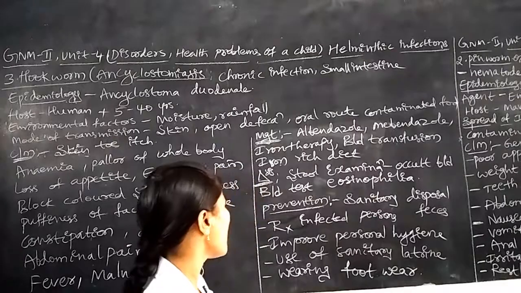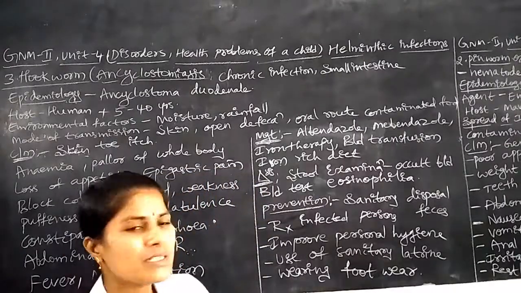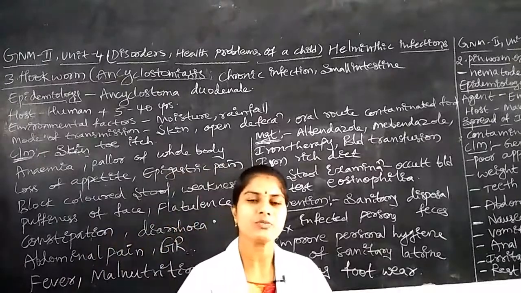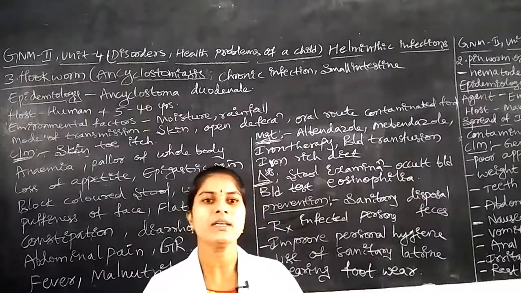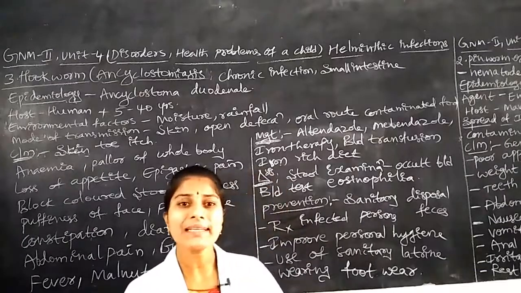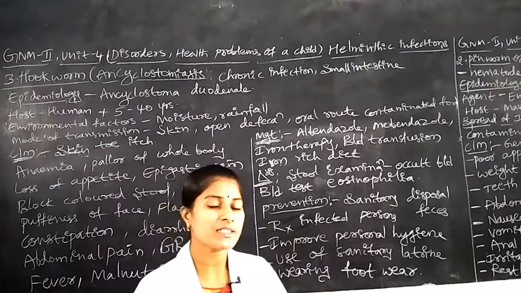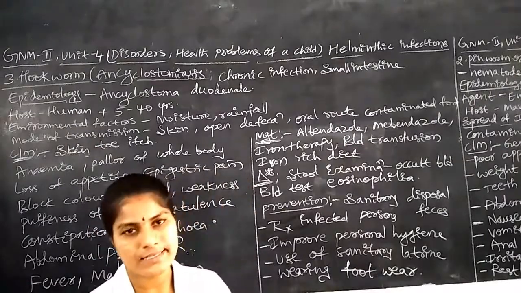Next one is treat infected persons. In a family, 3 members are healthy and 2 members are suffering with the infection. First of all we have to provide better and complete care to the infected persons. Then the infection will not spread to the healthy children.